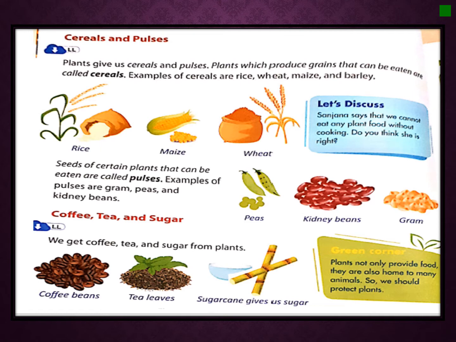Plants which produce grains that can be eaten are called cereals. Examples of cereals are rice, wheat, maize and barley.